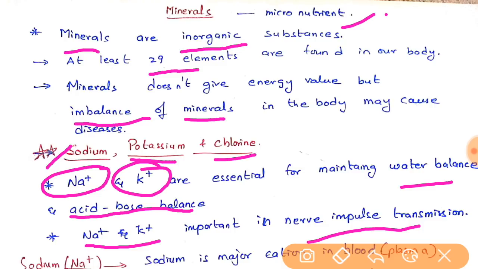See, friends, nerves communicate with each other with the help of transmissions, or we can say electrical signals, which are called impulses. So for this transmission, a small amount of energy or signal, we need Na+ and K+ ions.